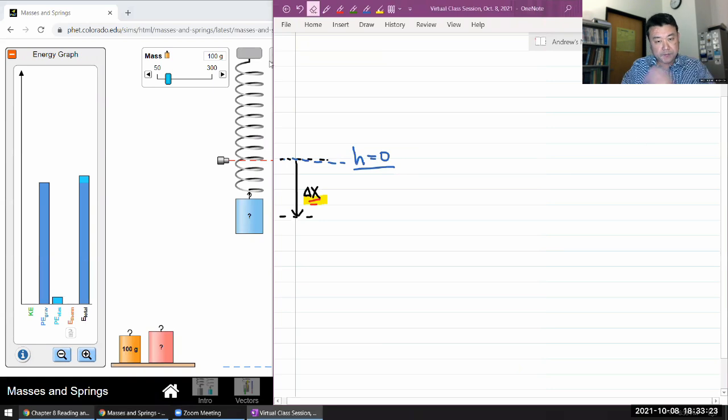So let me write down the expression for the total potential energy. That's going to be the sum of my gravitational potential energy and the spring potential energy.